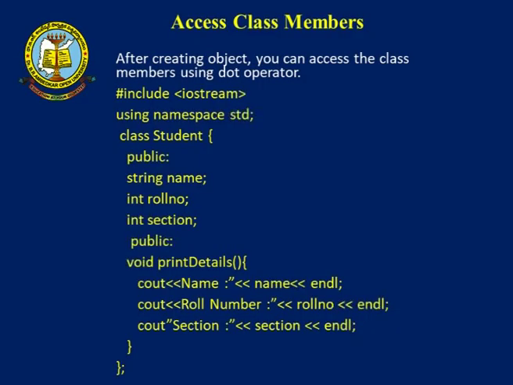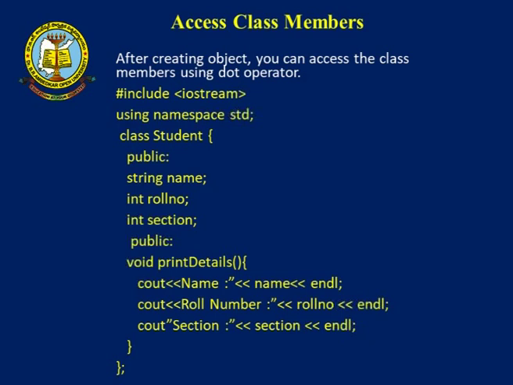Using namespace std means we can use the names of objects and variables from the standard libraries. That's why we have to mention it. Once again I will repeat, listen carefully: using namespace std means we can use the names of objects and variables from the standard libraries. That's why we mention this statement here.